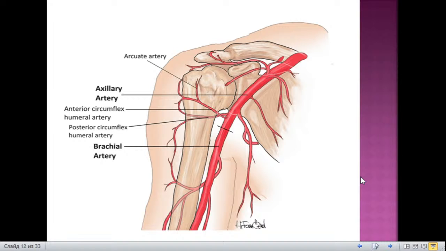So let's begin from the first one, the shoulder arterial network. This arterial network is formed by two arteries: the subclavian artery, the first artery of the upper limb, in the upper part of the picture, and the brachial artery.